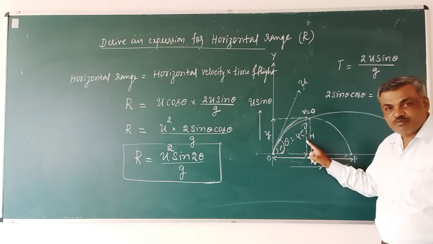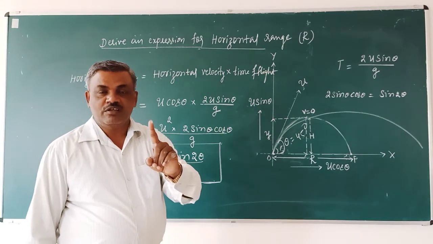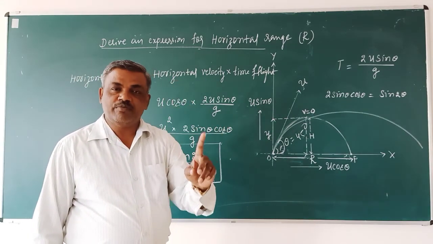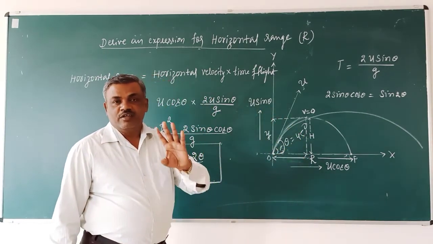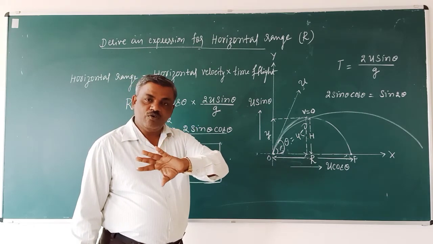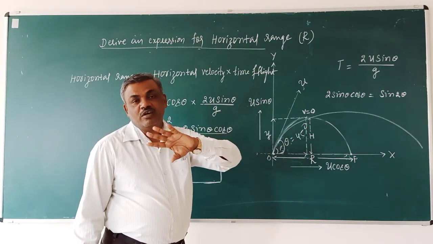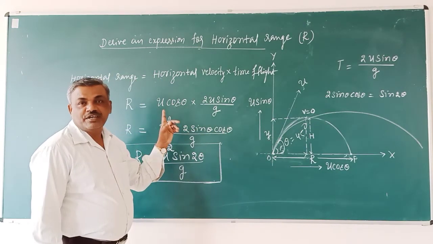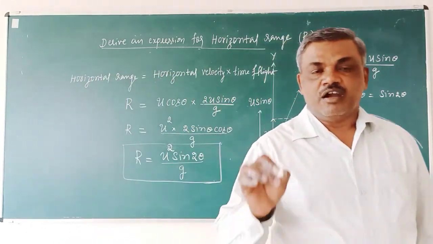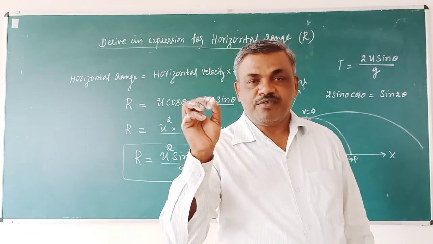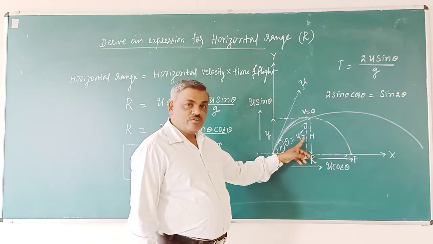At 45 degree in projectile motion, you get maximum range. So the angle of projection theta equals 45 degree. Then the ball or body goes a long distance, the maximum horizontal range. This is a very important question.